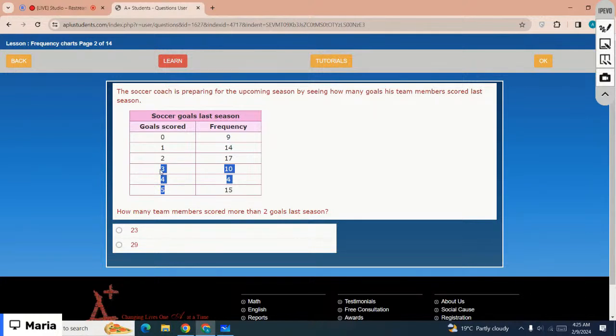You need to just add their scores, 10 plus 4 plus 15. So the correct option is 29. That means 29 members scored more than 2 goals.